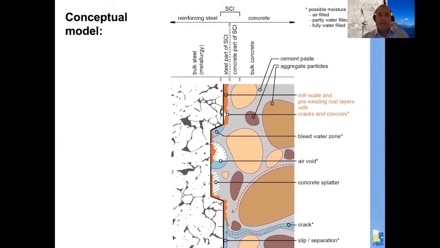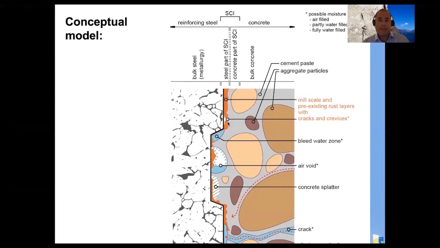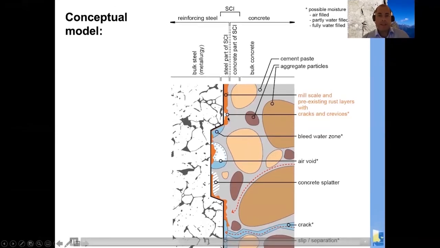On the steel part of the SCI, we have, for instance, the steel metallurgy. Then there may be different scales, oxides, scales and layers on the metal surface, such as illustrated here in orange.